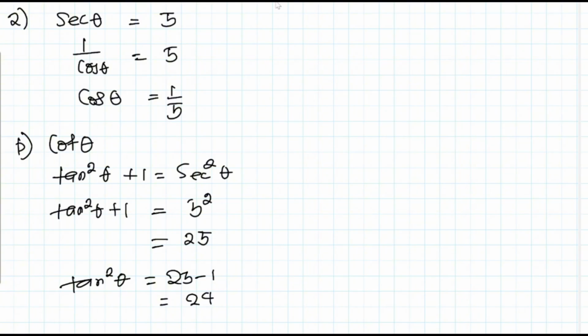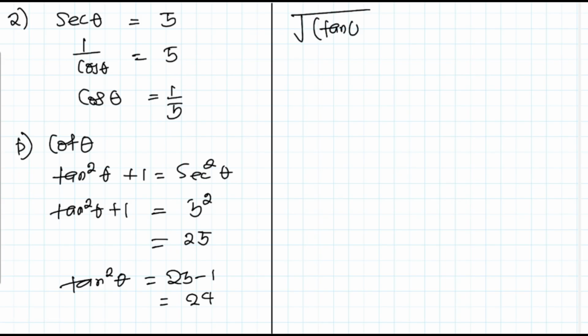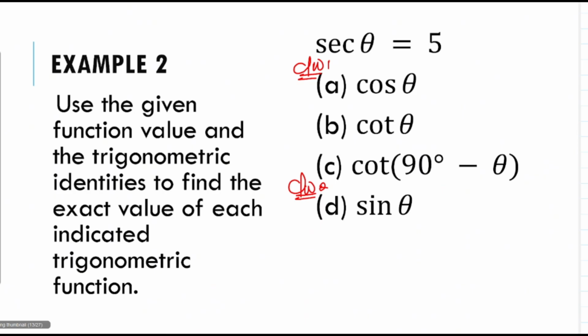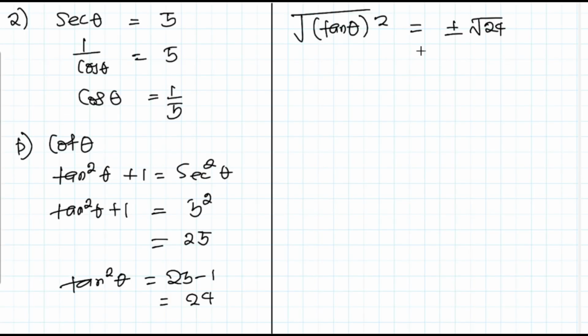If we take the square root of both sides, we have tan theta equals plus or minus square root of 24. The quadrant is not given, so we are going to leave it like this.